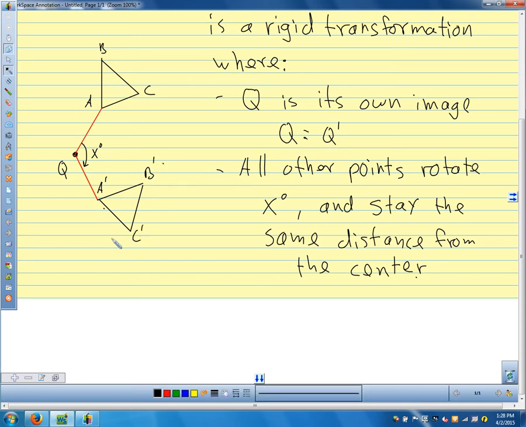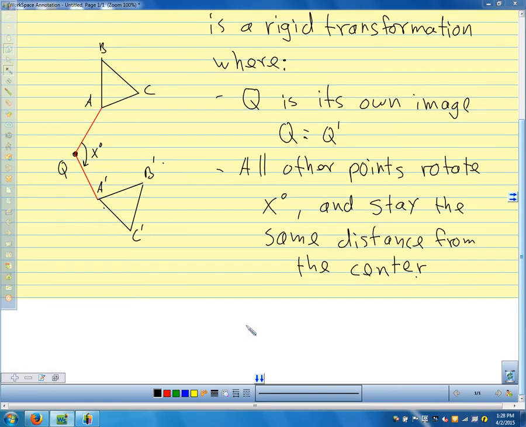So our triangle just rotates down this way. X is called the angle of rotation. So we could say our angle of rotation is 27 degrees or whatever.